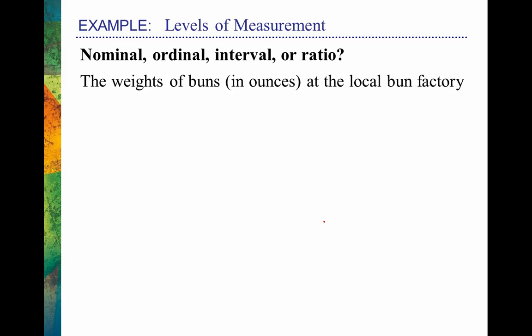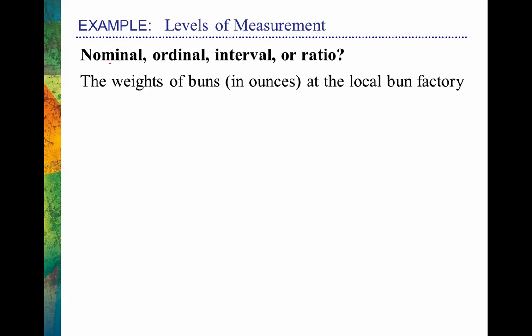What about the weight of buns in ounces at the local bun factory? In the Zanesville area, there's a bun factory that produces buns, I believe, for Wendy's. And of course, they do some quality control measures, so they might be checking the weight of the buns. If I'm dealing with weight in ounces, what type of level of measurement am I using? I've got 1 ounce, 2 ounces, 3 ounces.